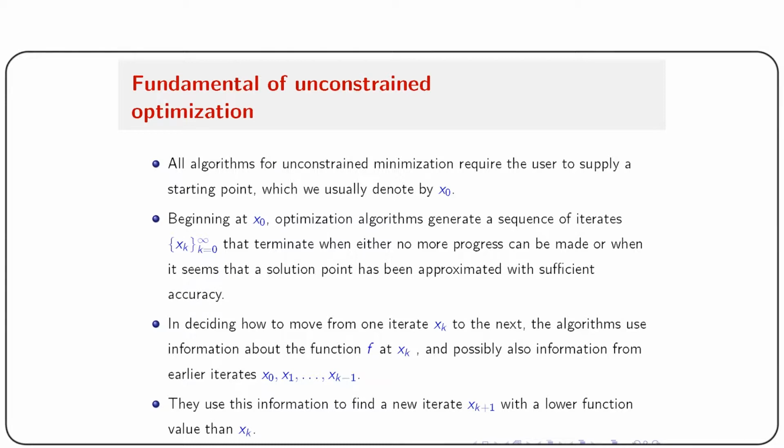In deciding how to move from one iterate xk to the next, the algorithm uses information about the function f at xk and possibly also information from earlier iterates, say x0, x1, up to xk minus 1. They use this information to find a new iterate xk plus 1 with a lower function value than xk.